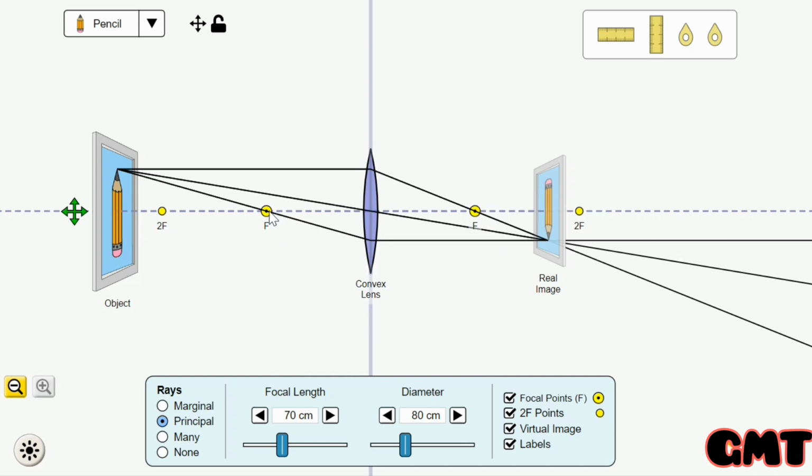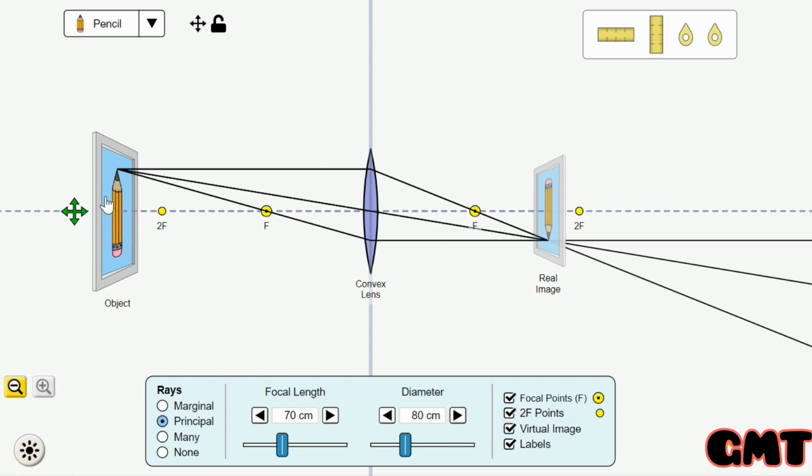this convex lens. So normally, let's identify the rays that can help us to form images. As we know, we have three rays that can help us to form an image. The first is a ray parallel to the principal axis. The principal axis is this horizontal dotted line passing through the lens.